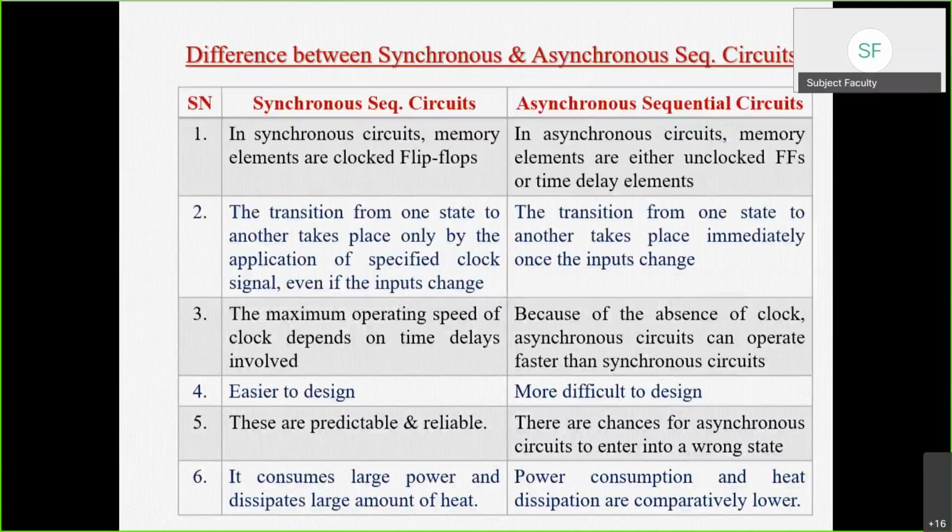In an earlier lecture, I think in unit number 5, we have already discussed the differences between combinational and sequential circuits.